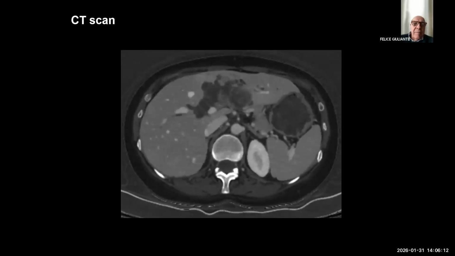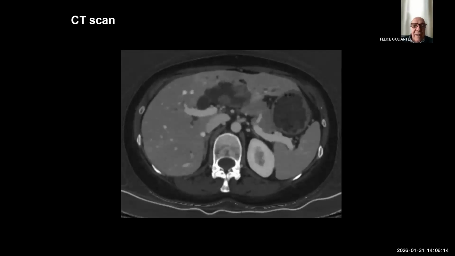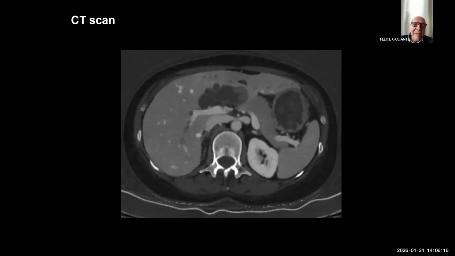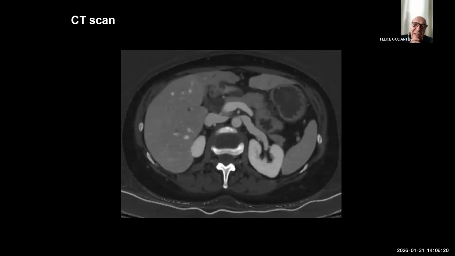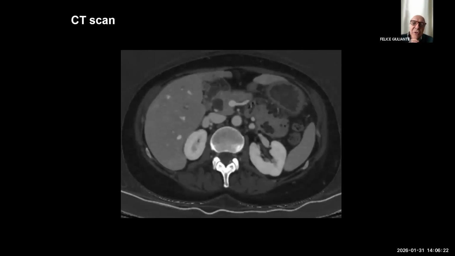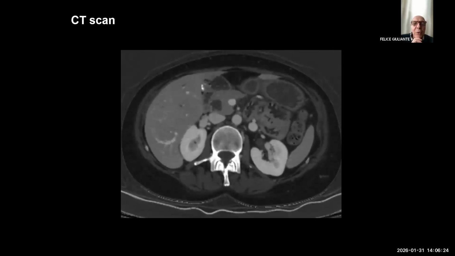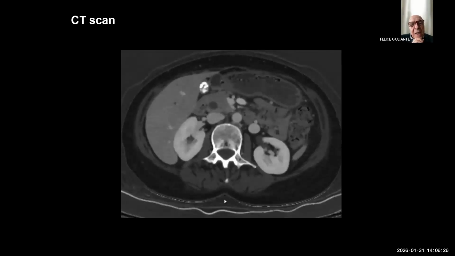They instead consider that kind of dilation the consequence of chronic cholecystitis. You see, there are stones in the gallbladder, and so we discussed this point with them.